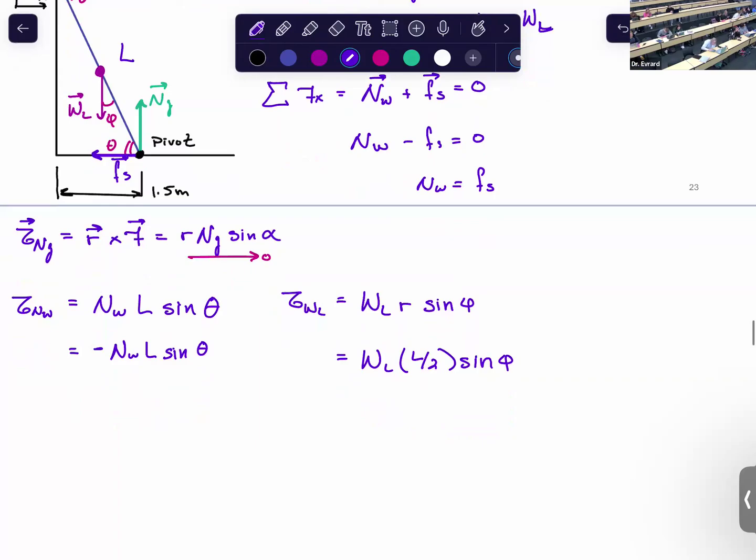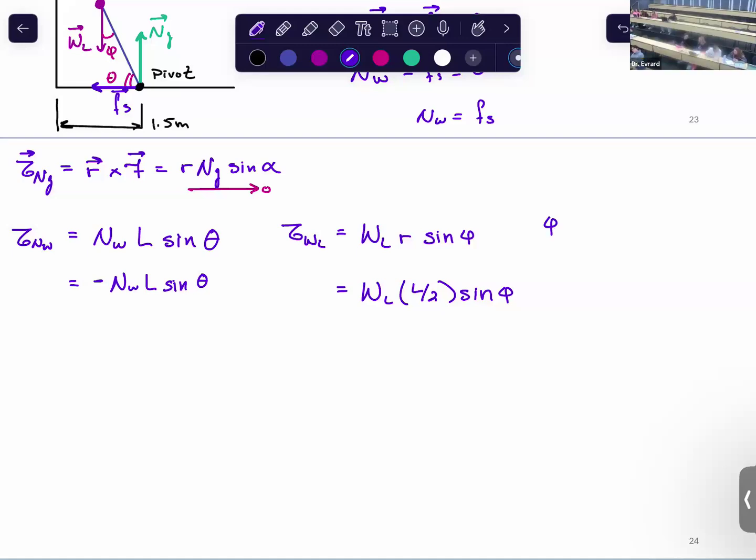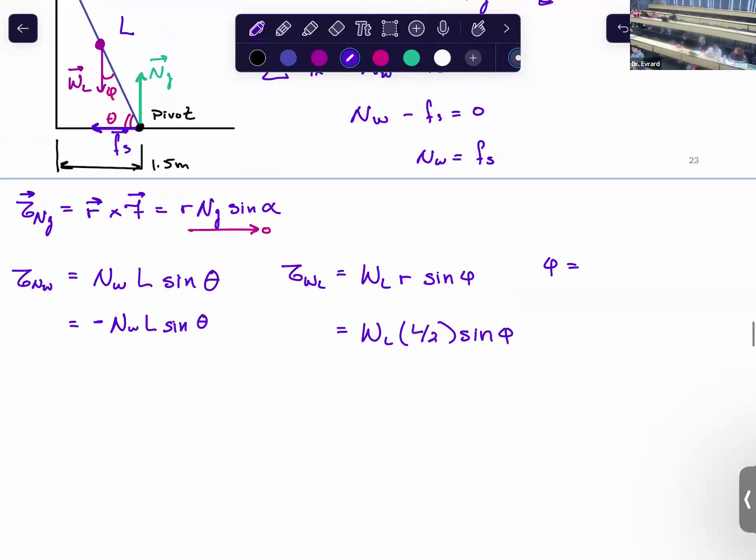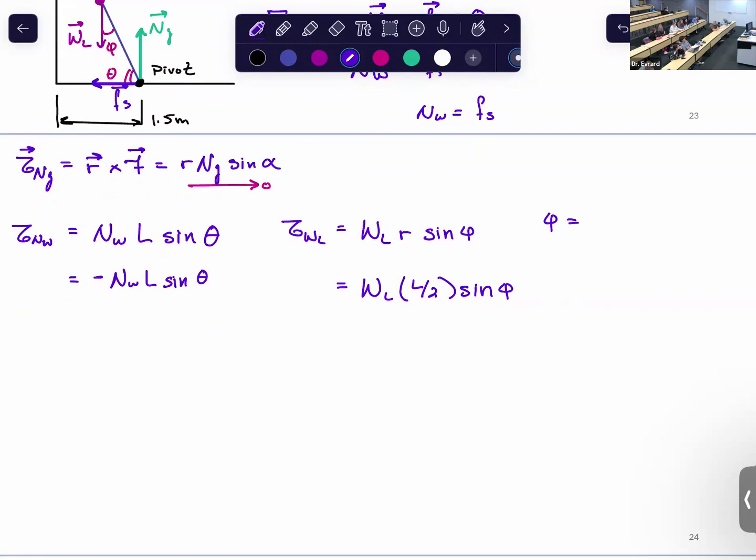How do we feel about our trigonometric identities? Okay, so phi. Let's figure that out. If we draw that down and create its own little triangle, we could do something like that. If we find theta, then we have the 90.